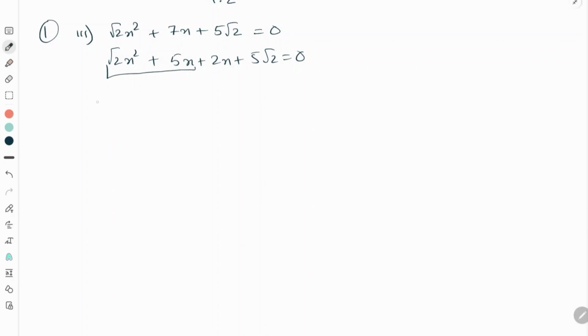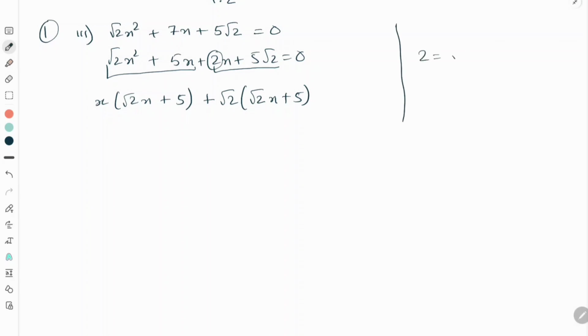The common term will be x, and in the bracket you will have √2x + 5, and then between the other two you will get √2 as common, and in the bracket you will get √2x + 5. From 2 we take out √2 because we can write 2 as √2 multiplied by √2. So we can take one √2 as common, and one √2 you will get inside the bracket.